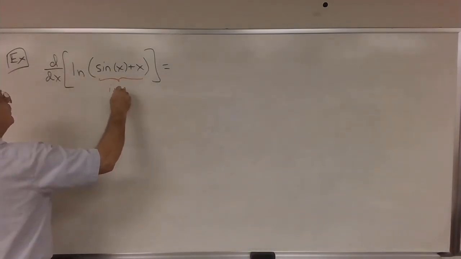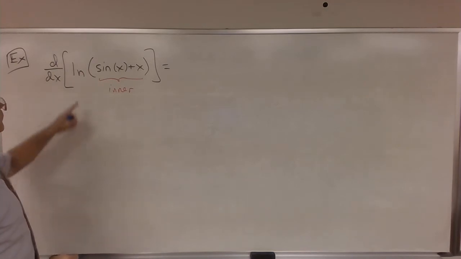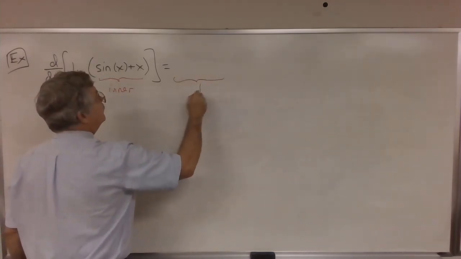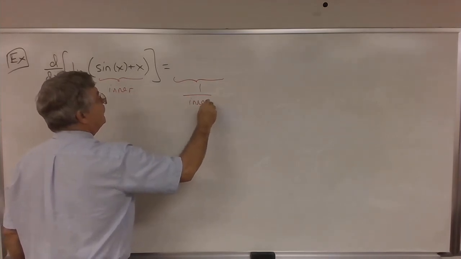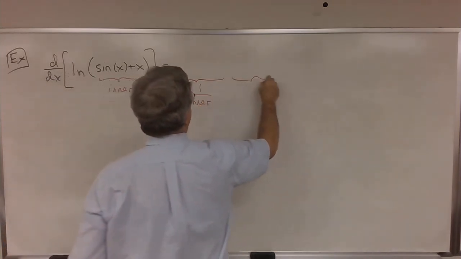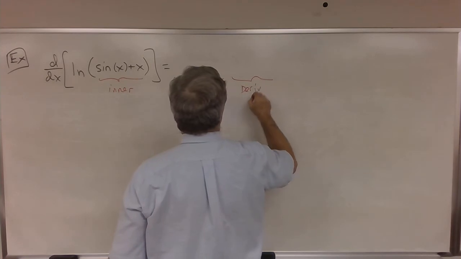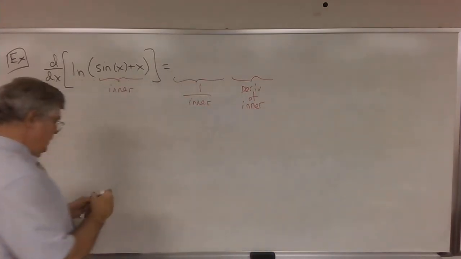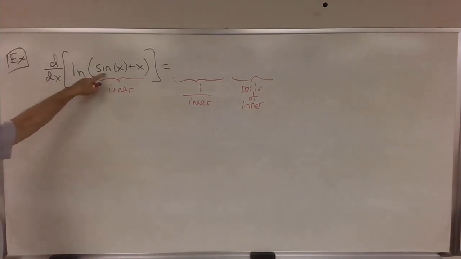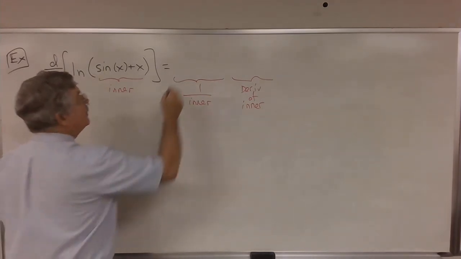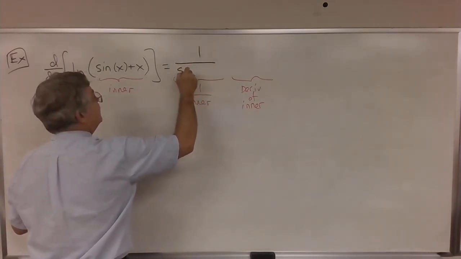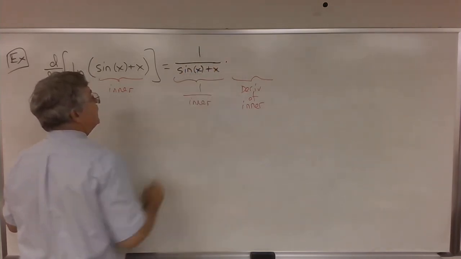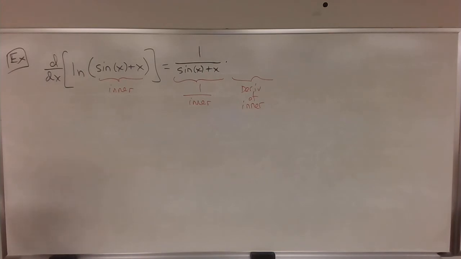So here's our inner function. And the derivative of the log evaluated at something is 1 over the inner times the derivative of the inner. So here we go. 1 over the inner function, 1 over sine of x plus x, times the derivative of the inner.